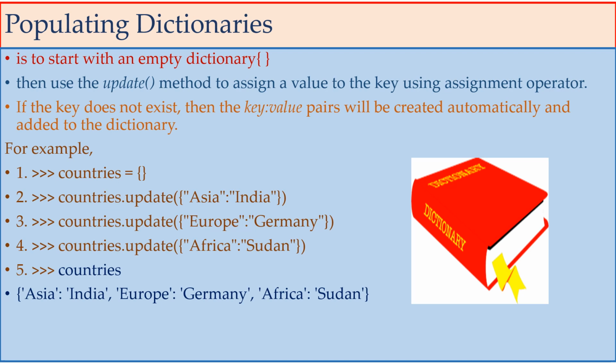For example, we can start with an empty dictionary named country, and update it by using the update method, gradually populating it, or you can add the items in the form of key value pairs. So now this dictionary consists of three elements, three key value pairs.